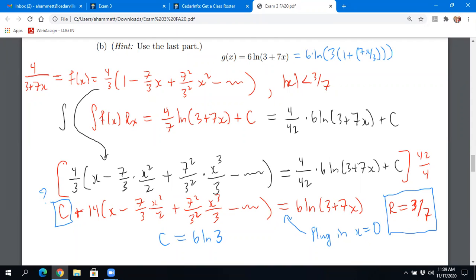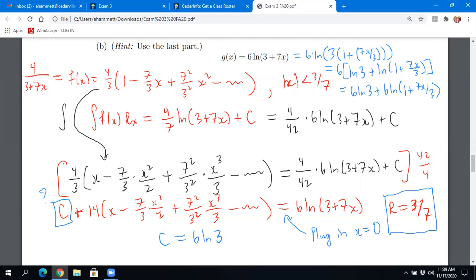And then what you do is you say this is like 6 times the logarithm of 3 plus the logarithm of 1 plus 7x over 3. I just use the laws of logarithms, where the logarithm of a product is the sum of logarithms. And then basically this is going to be 6 logarithm of 3 plus 6 logarithm of 1 plus 7x over 3.